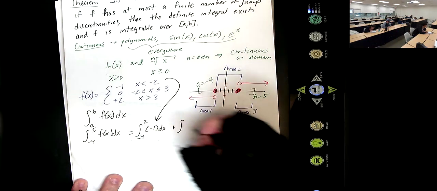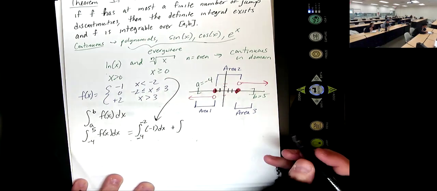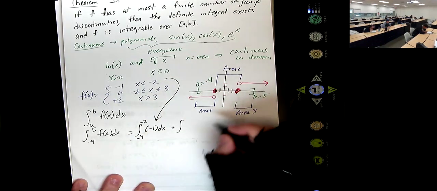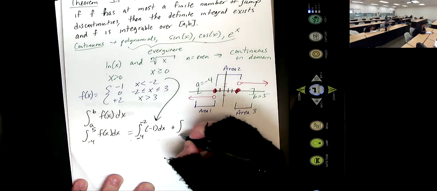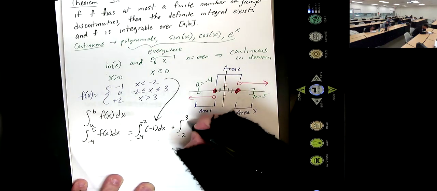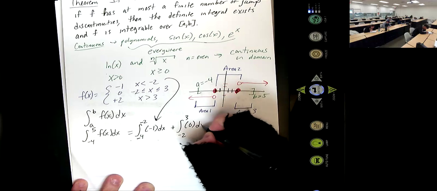Then we're gonna go from -2 to 3, and f of x equals 0 on that region.